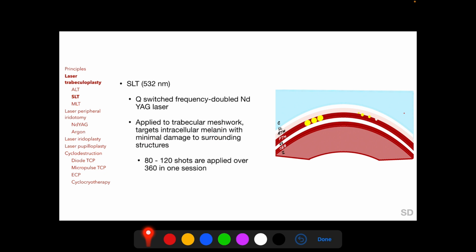In one sitting of selective laser trabeculoplasty, 360 degrees of the trabecular meshwork can be treated with 80 to 120 shots. So in contrast to argon laser trabeculoplasty, in which only 180 degrees of trabecular meshwork is treated in one session, in selective laser trabeculoplasty, 360 degrees of the trabecular meshwork is treated in a single sitting.